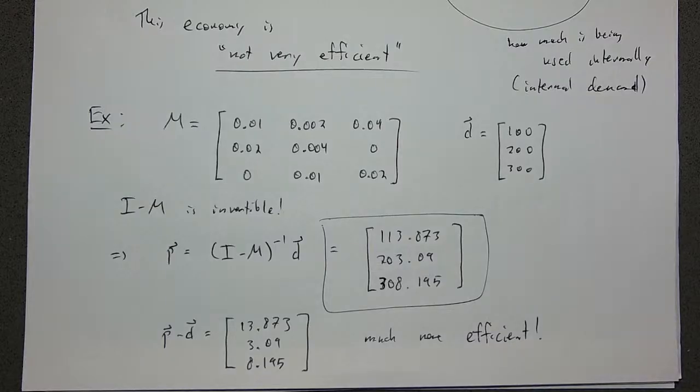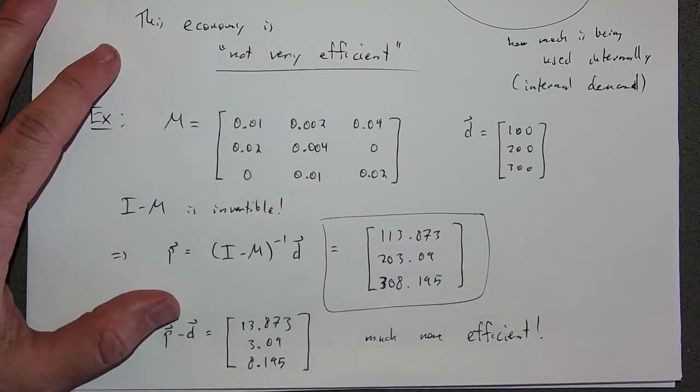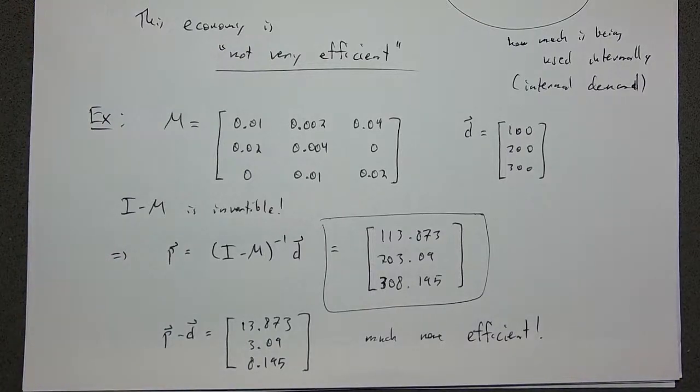Okay. Now, you might have noticed that in these examples we ended up with production vectors that were non-negative. They had non-negative entries. But that doesn't always have to be the case. So you might say, well, surely that's the case whenever you have some kind of reasonable model for what's going on. Yeah, you might say that, although this can happen.